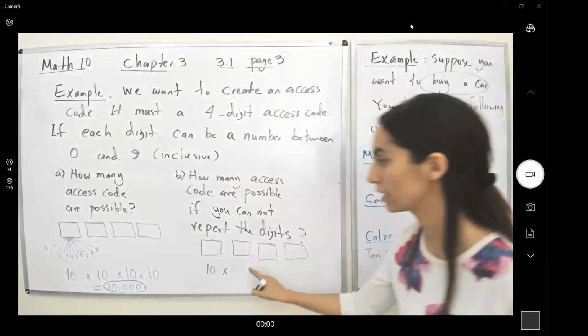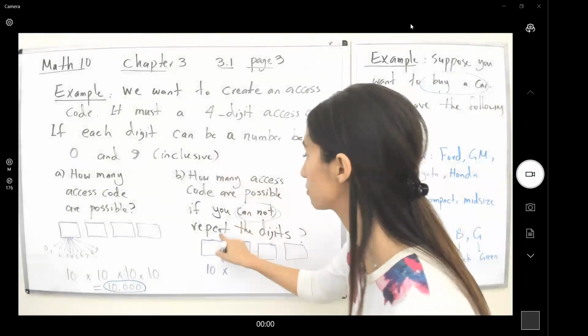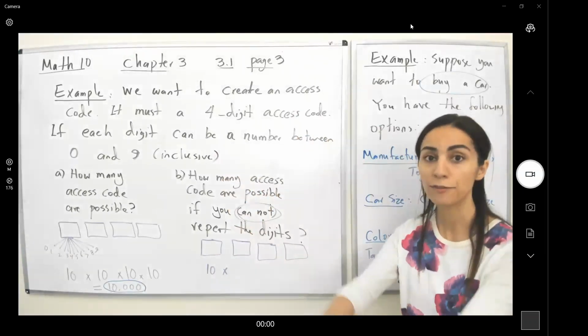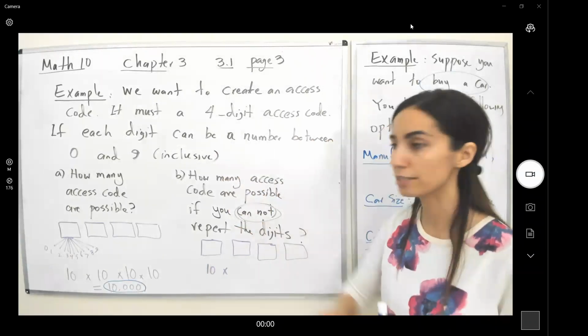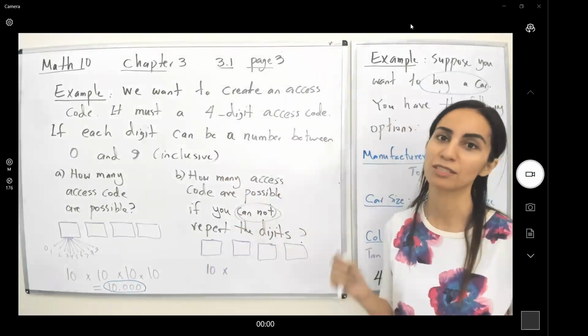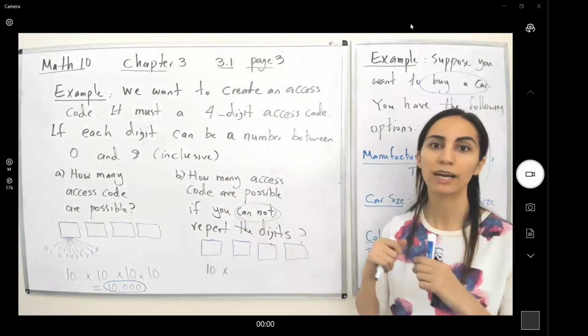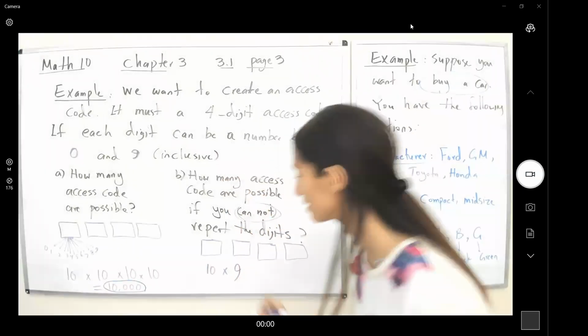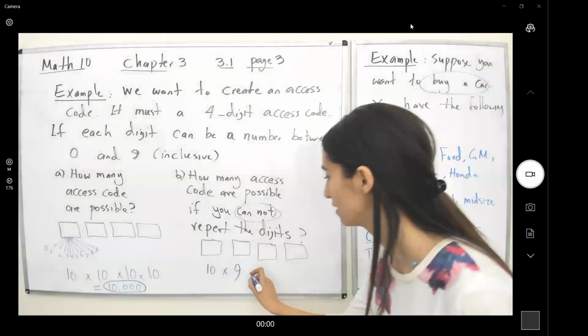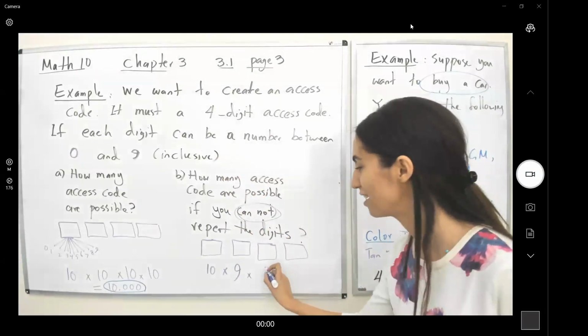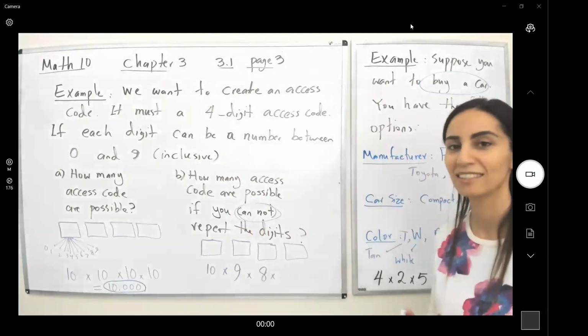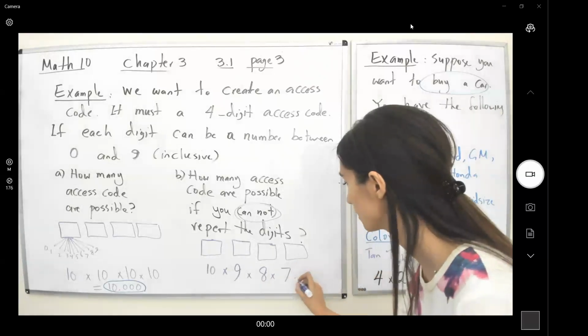What about the second one? You cannot repeat the digit. It means that if you take, for example, 0 as the first digit, you cannot repeat 0 again. So you're left with 9. Excellent. Then 8. Then 7.